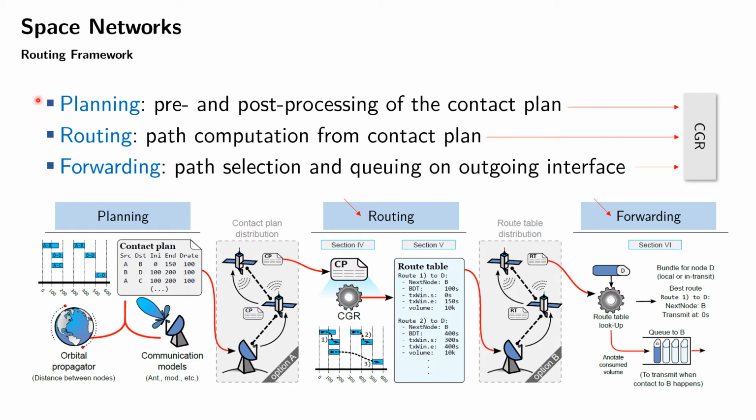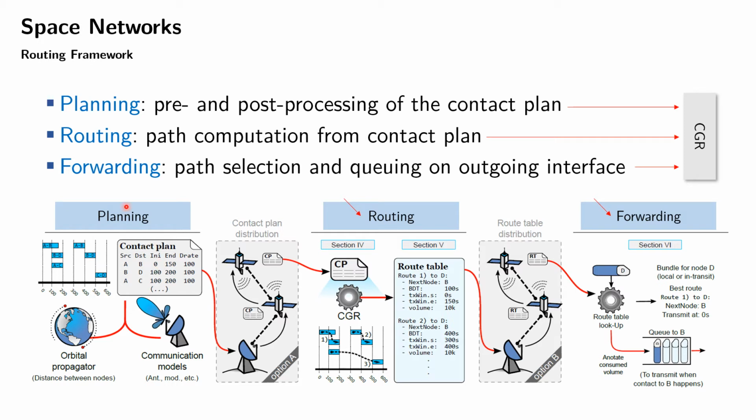Planning is a process where a ground asset or a ground mission control center takes advantage of orbital propagators that inform on the location and trajectory of the spacecraft in space, which trajectory they are going to follow in the future, and combines this with a communications model, the simplest one being a line of sight model, where you can determine who is going to see whom in the future, and the start and end times of when this connectivity is going to happen.